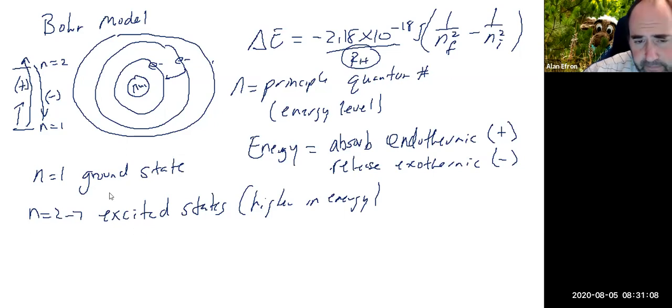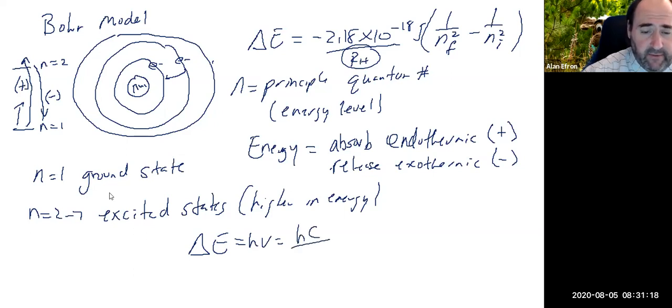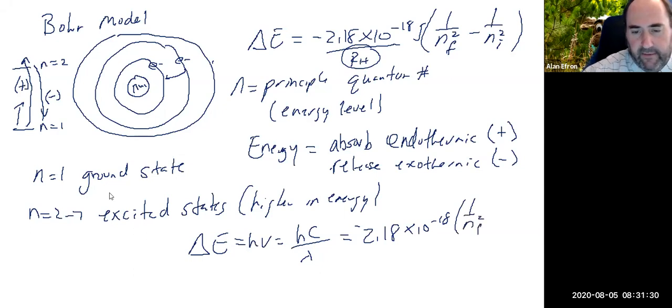And that's also an important relationship, because we can tie that equation up there to our h times frequency, or hc over wavelength, which will equal this as well: 2.18 times 10 to the minus 18 times 1 over n squared final minus 1 over n squared initial.